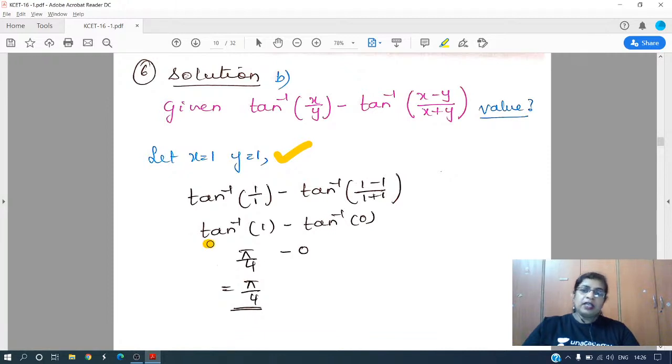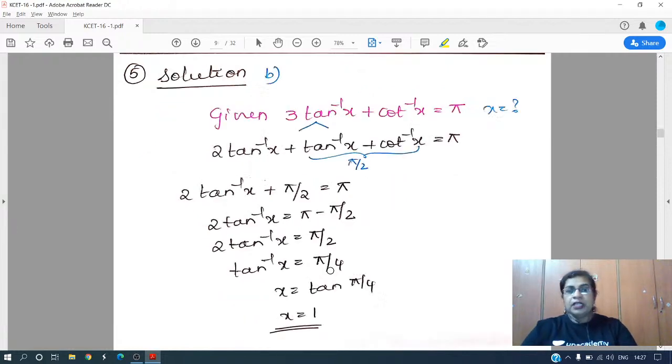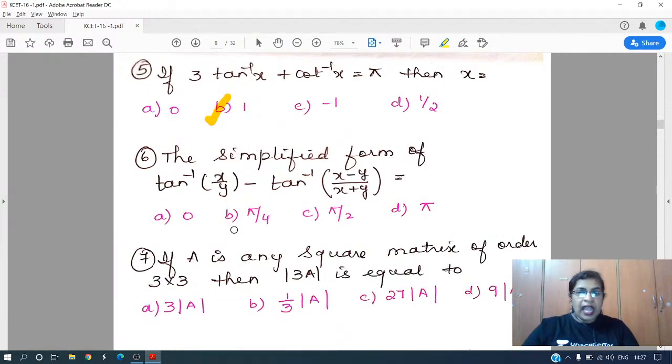Here I got tan inverse 1 minus tan inverse of 0. How much is tan inverse 1? Tan of 45 degrees is 1, or in radian measure, it is pi by 4, minus tan inverse 0 which is 0. So which option satisfies? It is nothing but the second option, which is pi by 4. So here we have the second option, pi by 4.